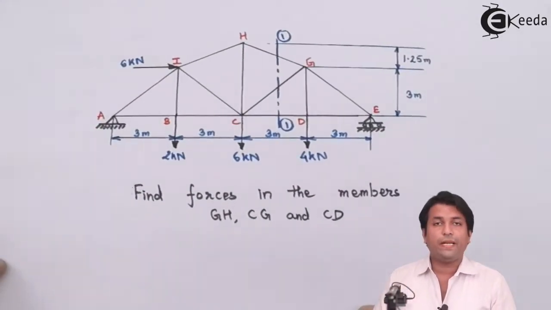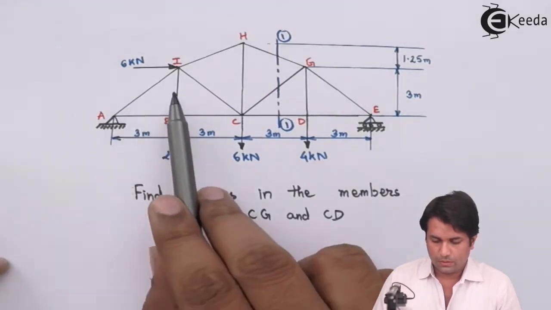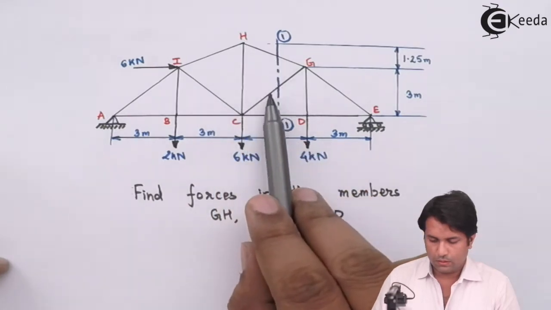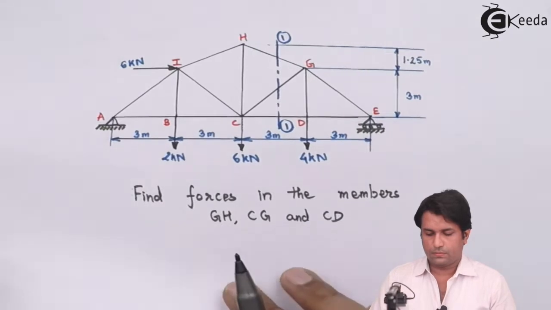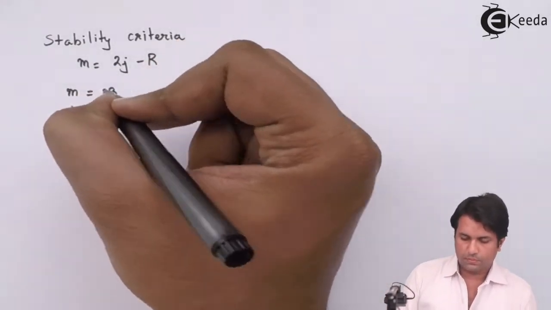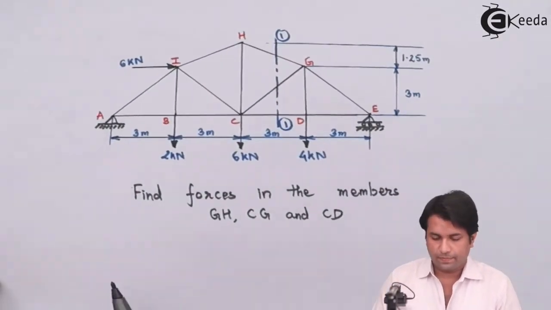We will find out how many members we have in this case. Now we will see the number of joints.